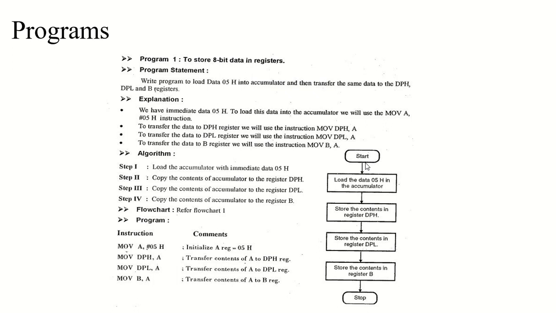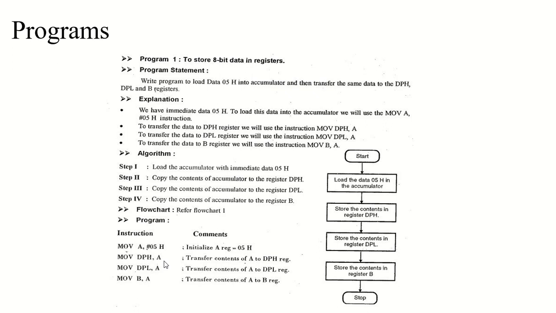If you want to see the instruction and the operations performed by that particular instruction, that would be visible here. See towards the bottom of the screen, MOV A, #05H would initialize the accumulator, and it will enter 05H in the accumulator.